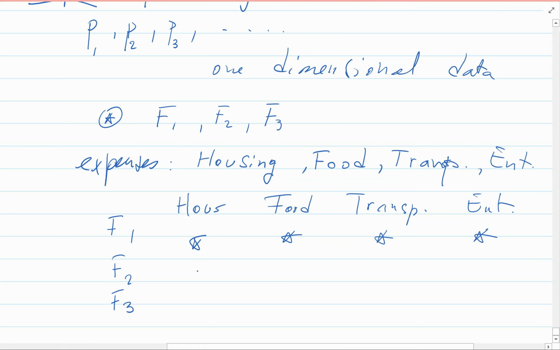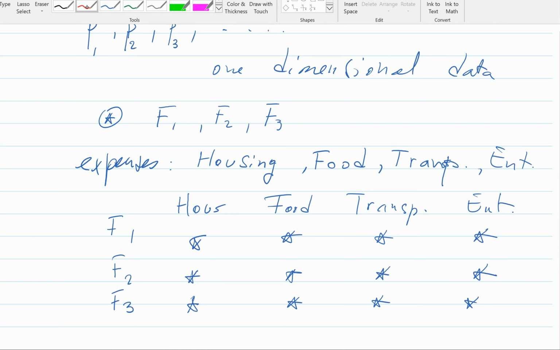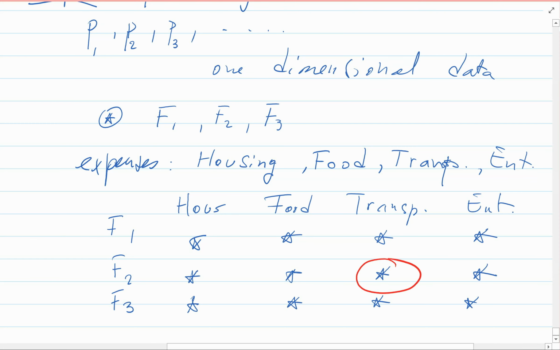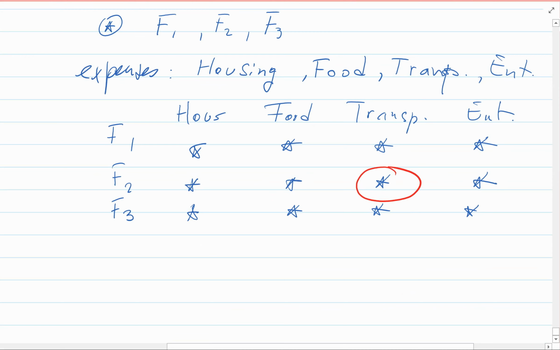We get different data, as well as family 3. If I ask you what is this number, this is the transportation expense of family 2 during the quarter, whatever quarter we're talking about. So clearly, the numbers are given in a two-dimensional format. So we have two-dimensional data.